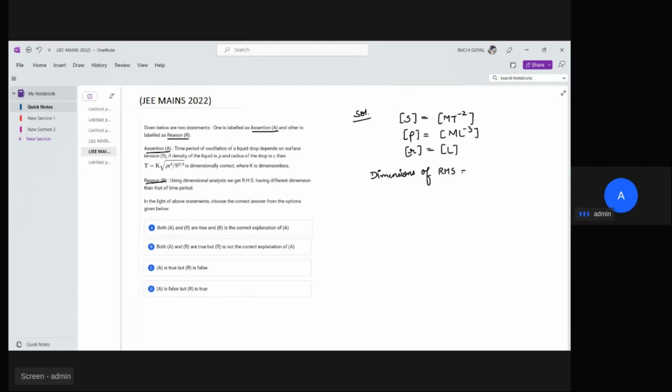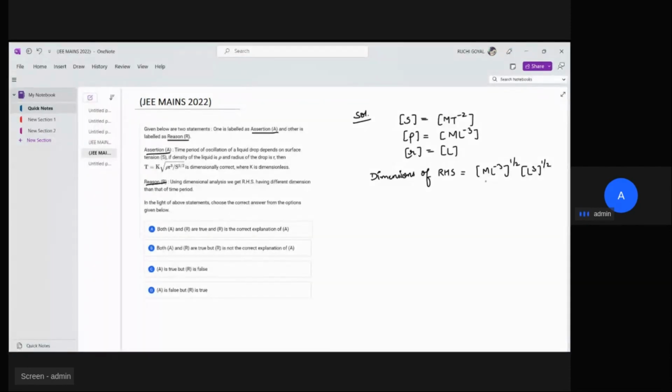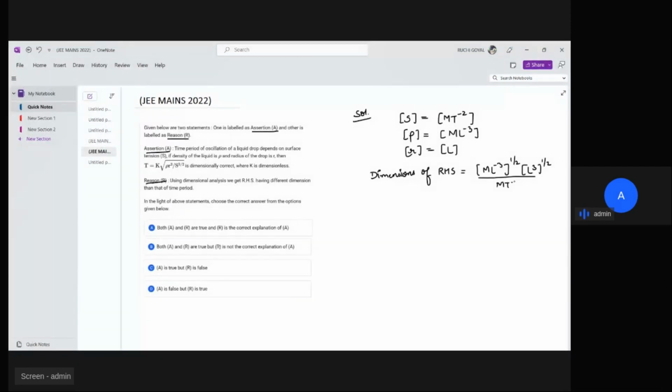Okay, so the right hand side quantities are given under root, so we can write rho m l^-3 to the power half, r^3 L^3 to the power half, divided by s to the power 3/2 m t^-2, to the power 3/2 into 1/2 of the root, this will be 3/4.